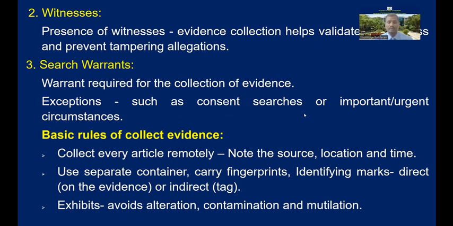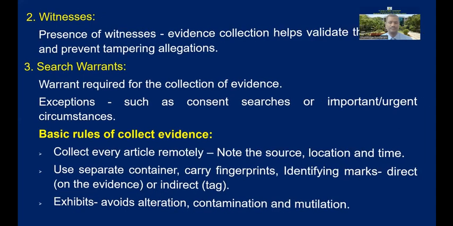For example, for direct marking, you may write on the particular weapon, if it will not be destroyed, or carefully write on the particular evidence you collect. For indirect marking, it may be put in a packet and tagged. Sometimes it may be challenged by other officers, or intentionally or accidentally removed or erased. Exhibits should avoid alterations, contamination and mutilation. These are the basic rules for collecting evidence from crime scenes.